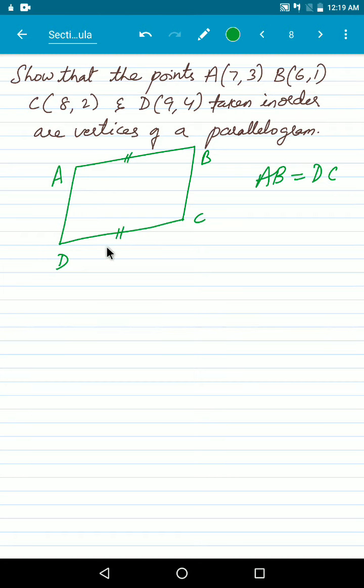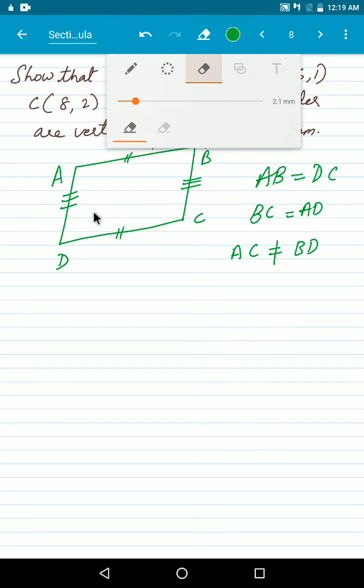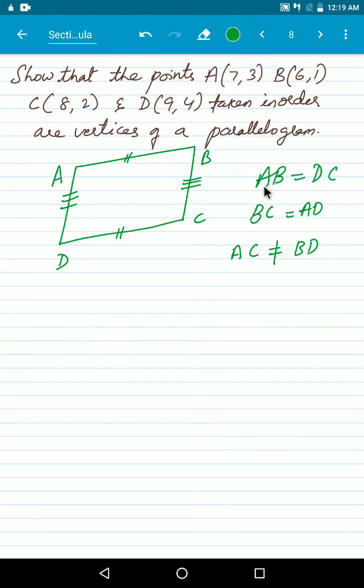And we will use the distance formula to prove that BC is equal to AD, and that AC is not equal to BD. The diagonals will not be equal in a parallelogram. So we would use the distance formula 6 times.